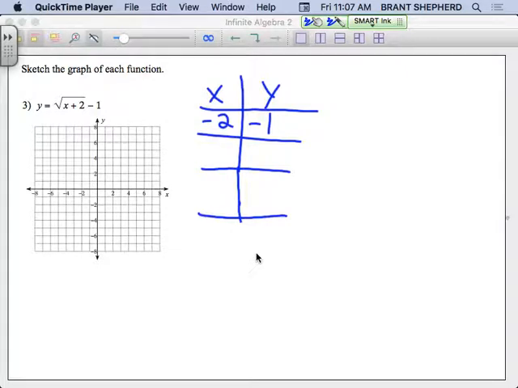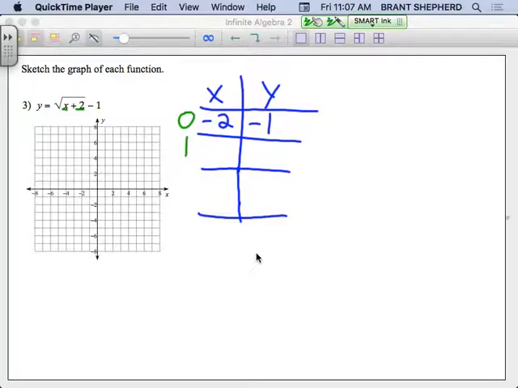So that's a square. Whenever I put -2 in for x, -2 plus 2 is 0. Square root of 0 is 0. Minus 1 is -1.